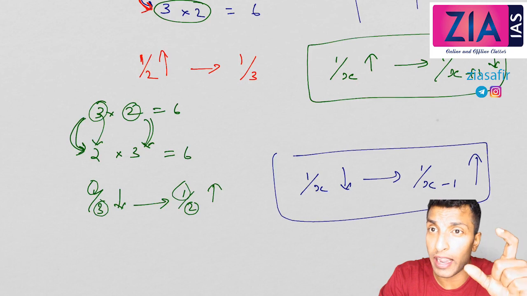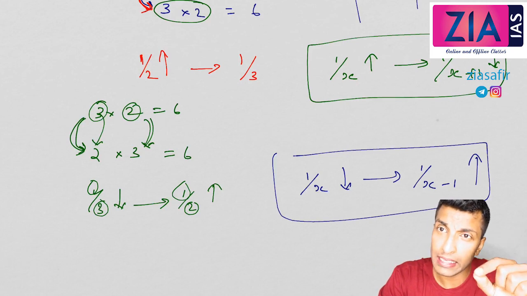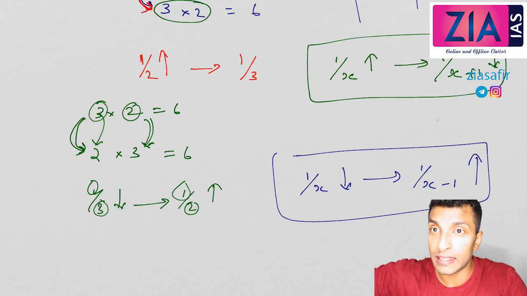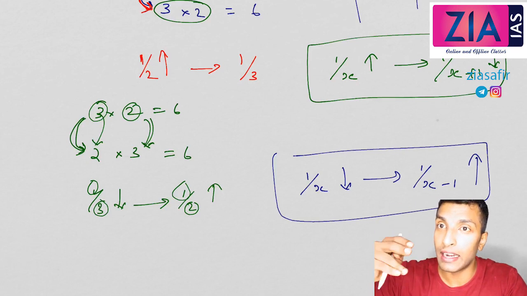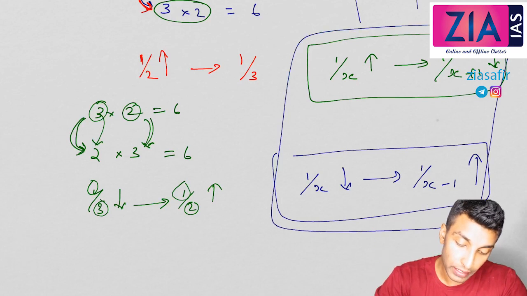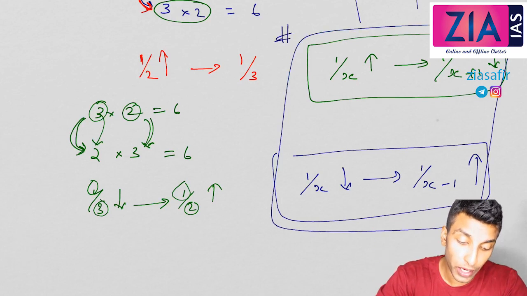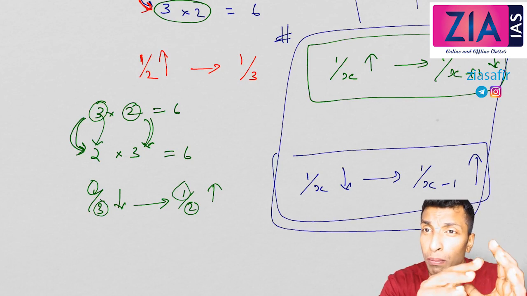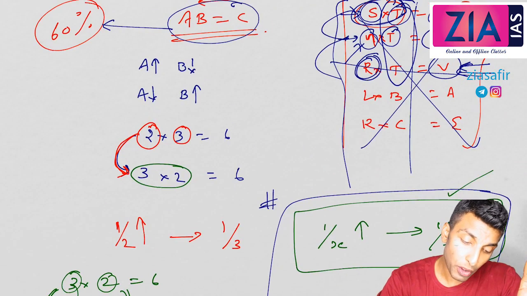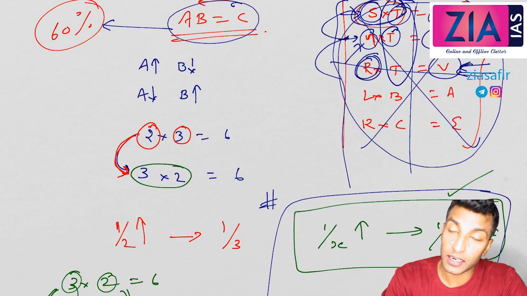It could be in A, it could be in B. So 1 by x increase leads to 1 by x plus 1 decrease. 1 by x decrease leads to 1 by x minus 1 increase. So these are the 2 pieces of information that you need to know to solve most of the questions in your aptitude exam. All the change related questions you can solve, especially as all these topics are connected.